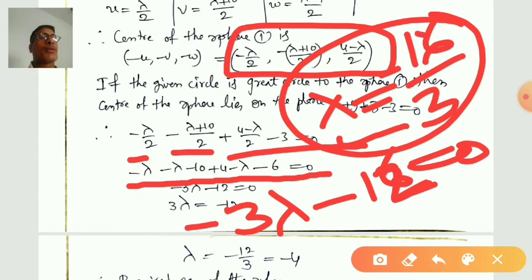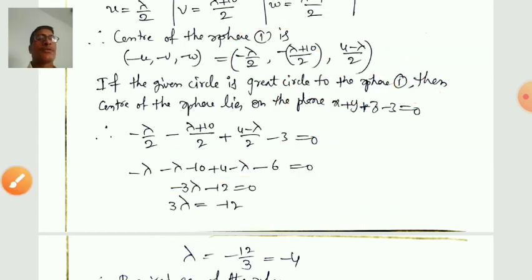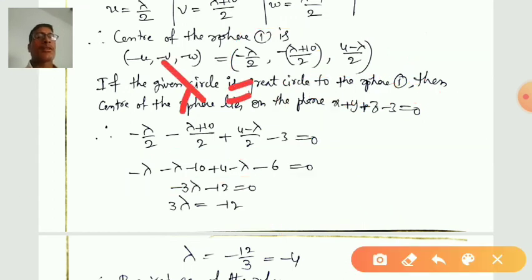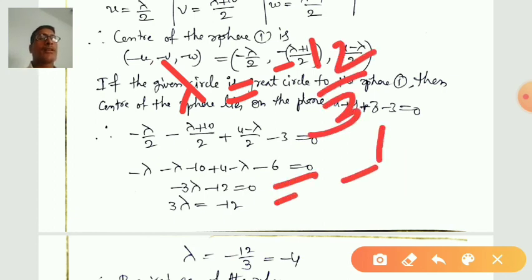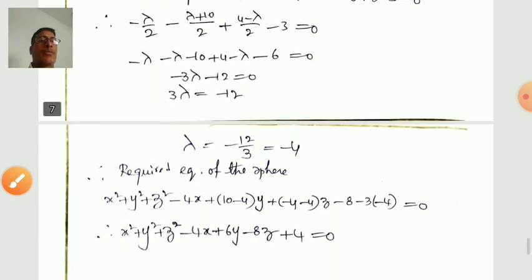Therefore, lambda is equal to minus 12 by 3. This is equal to minus 4. Lambda is equal to minus 4.